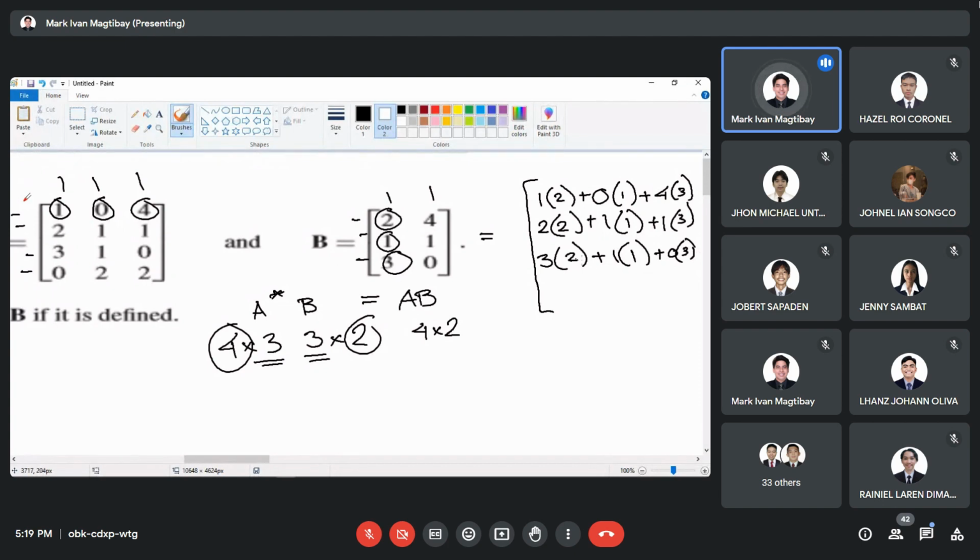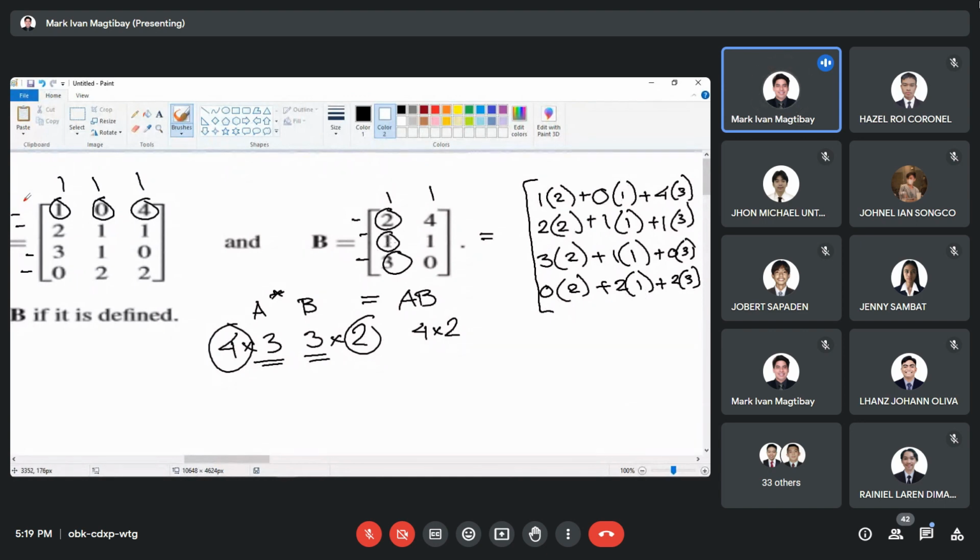Okay? And then sa last part po, kunin natin ang value ng A41 natin, which is nasa fourth row na tayo pero mag-i-stick pa rin tayo sa first column natin. Okay? So 0 times 2 plus 2 times 1 plus 2 times 3 po natin. Okay? So nakuha po natin yung pang first column po natin.